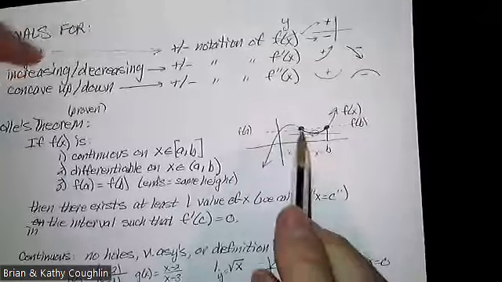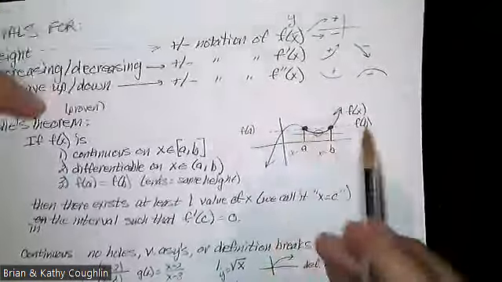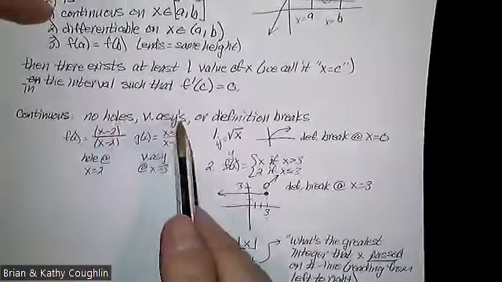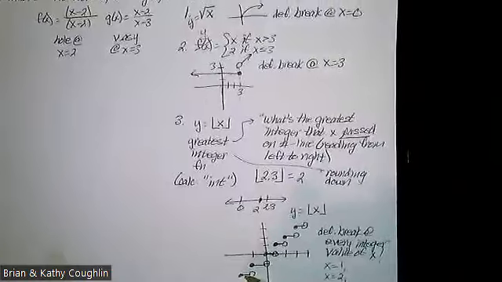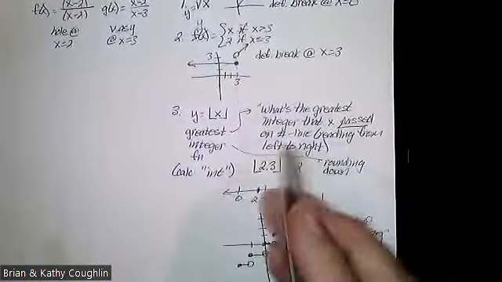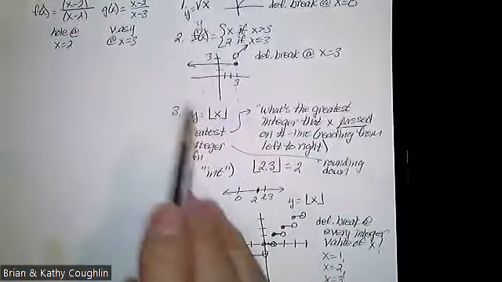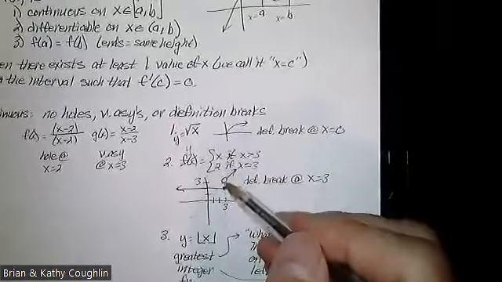So way, way back when, why on earth were we bringing this up? If f of x is continuous from here to here, that means there are no holes, no vertical asymptotes, no definition breaks. This whole blah, blah, blah was just to show you the three common cases where you'd run into a definition break. And in this class, you're probably not going to run into the greatest integer function. Maybe you will. These two you may.